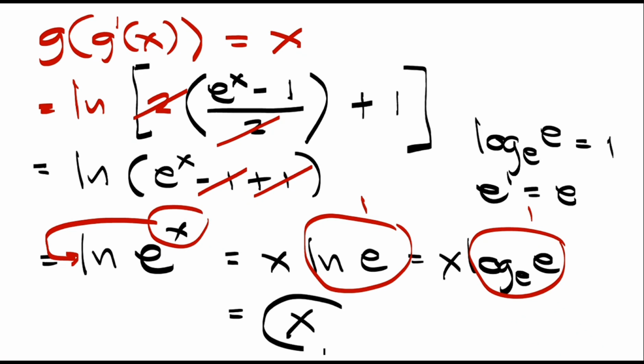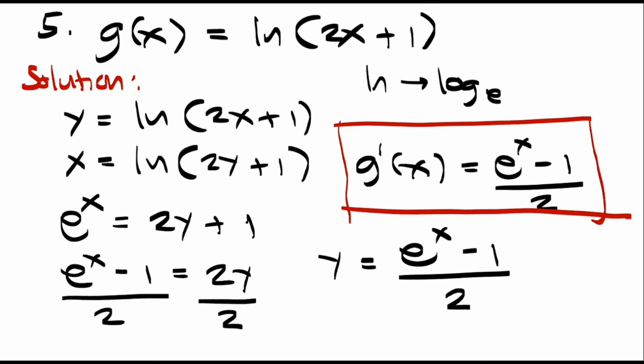And again, one of the two conditions is verified, that is, one of the composition rules is equal to x. So we can say that the inverse of ln of 2x plus 1 is really equal to e to the x minus 1 all over 2.